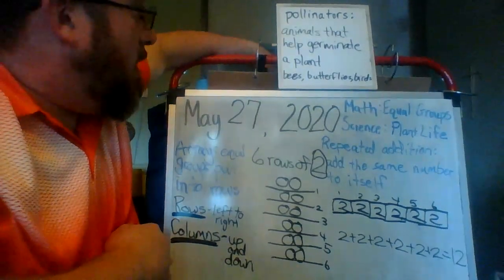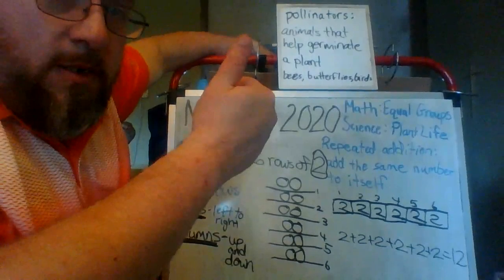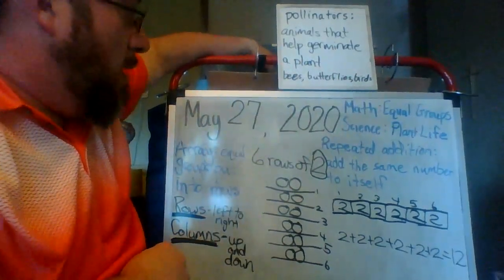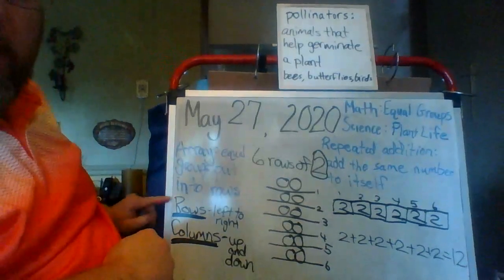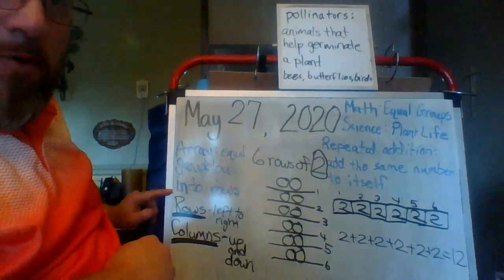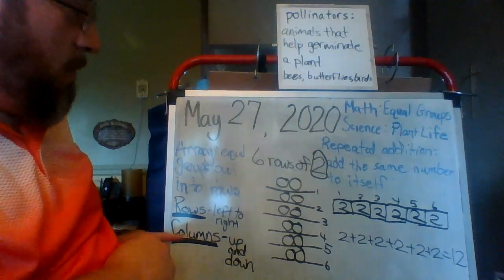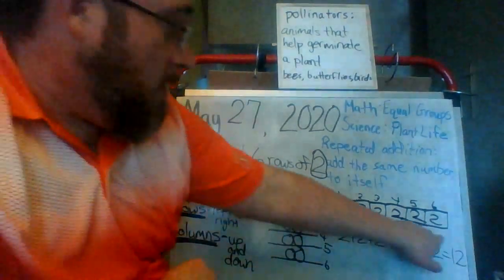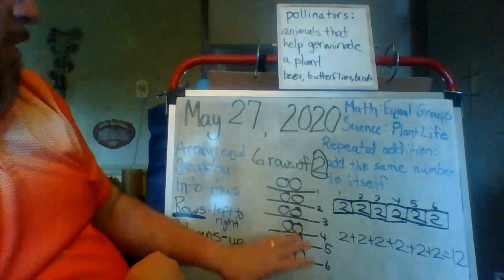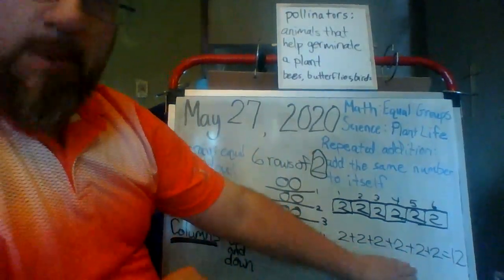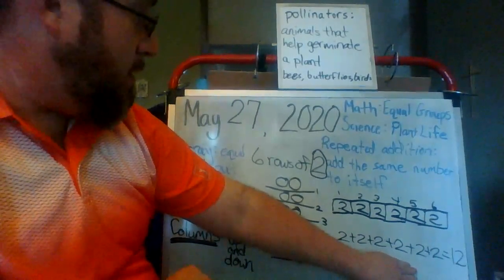Also remember to be thinking about how seeds move: wind, water, air, three main ways. Also remember the difference between rows and columns. Rows go left to right, columns go up and down, and also how to build a tape diagram to help you work out the answer to an array or a repeated addition sentence.